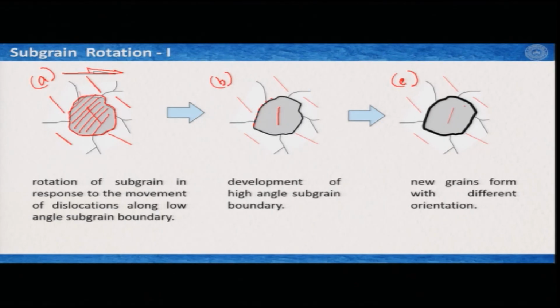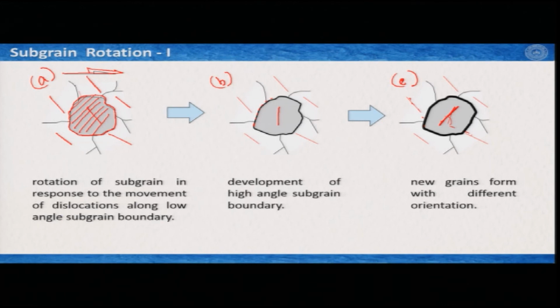And now, if the rotation continues further, then you have this grain boundary at much higher angle with the neighboring grains. So, this is how you form new grains from subgrains through the process of subgrain rotation.